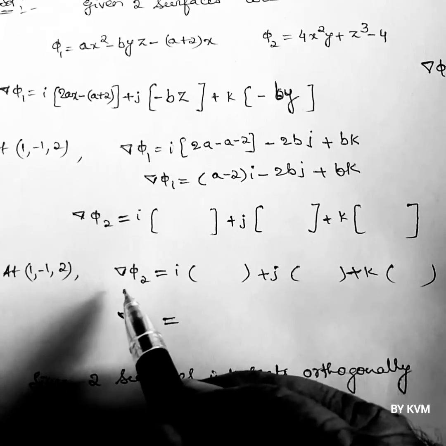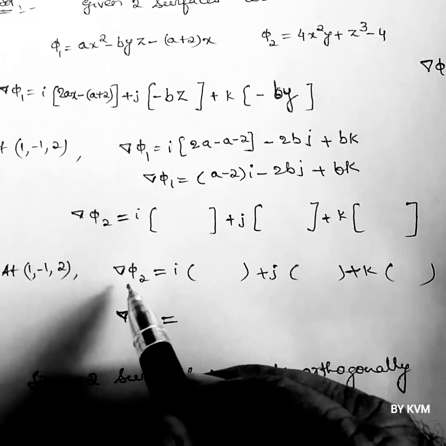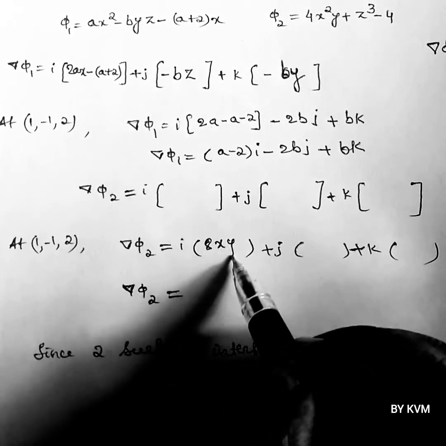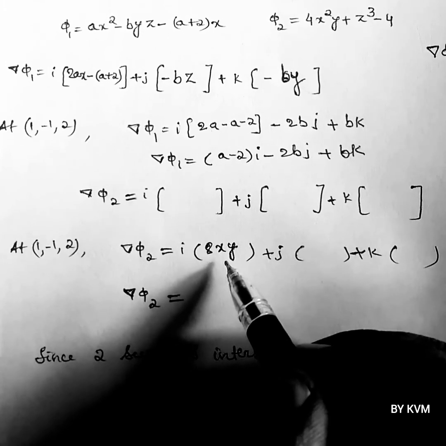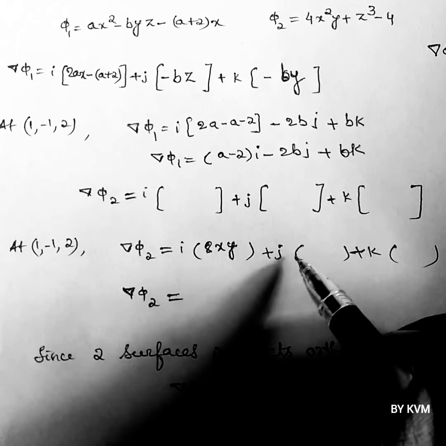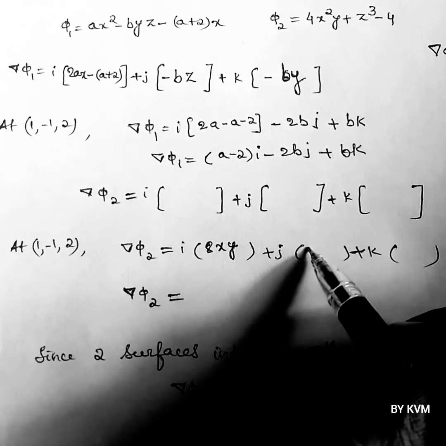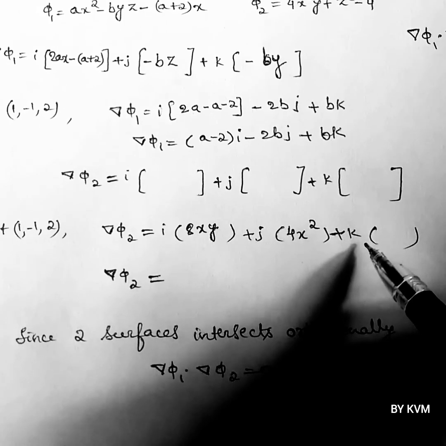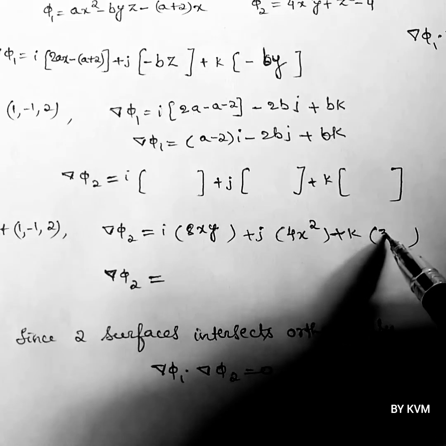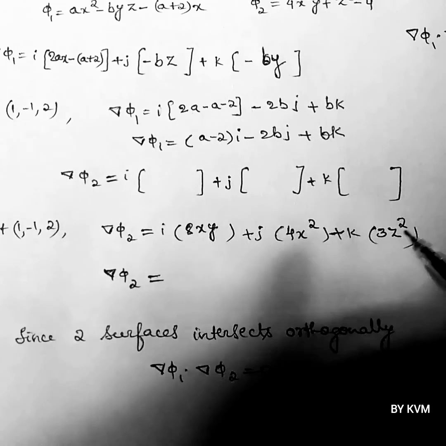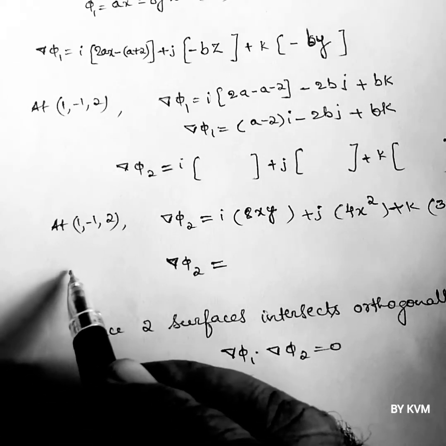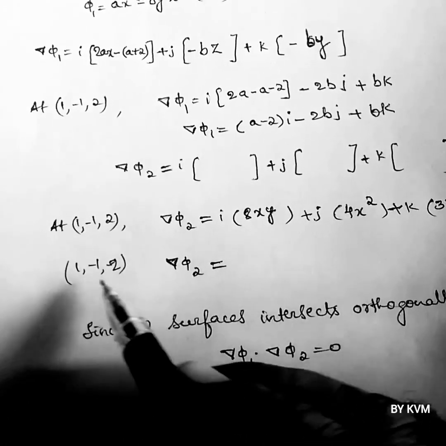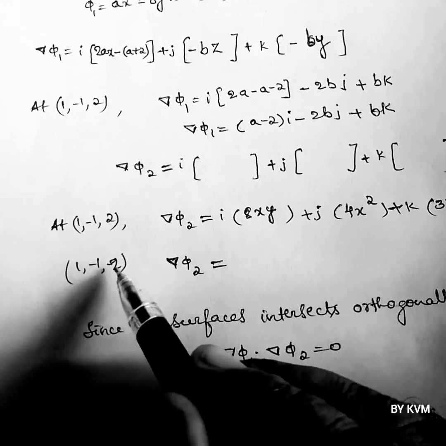So now for the second surface find del phi 2. So del phi 2 is i into 8xy, differentiating partially with respect to x, plus j into differentiate partially with respect to y, 4x square, plus k into differentiate partially with respect to z, 3z square. Then take 1 comma minus 1 comma 2, putting x equals 1, y equals minus 1, z equals 2.